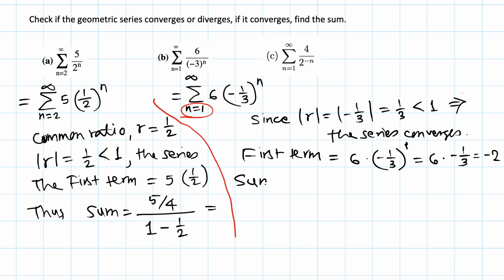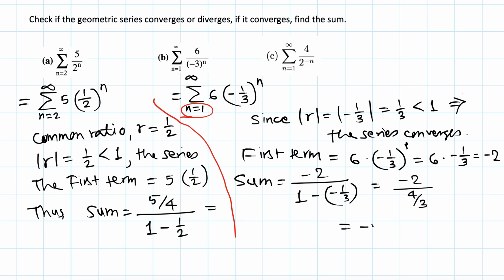Now we can find the sum. The sum is the first term over 1 minus the common ratio. The common ratio is negative 1/3. So this is negative 2 on the top over 1 minus negative, meaning 1 plus 1/3. 1 is 3/3 plus 1/3, that's 4/3.